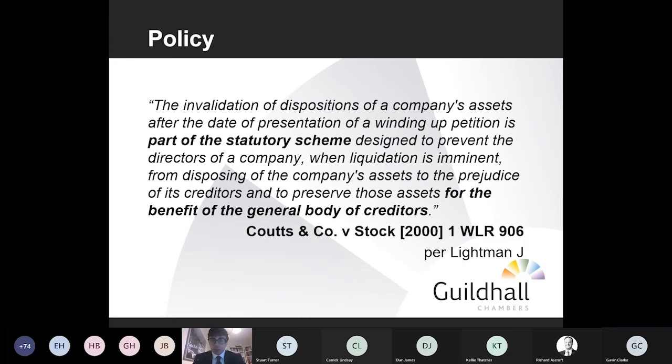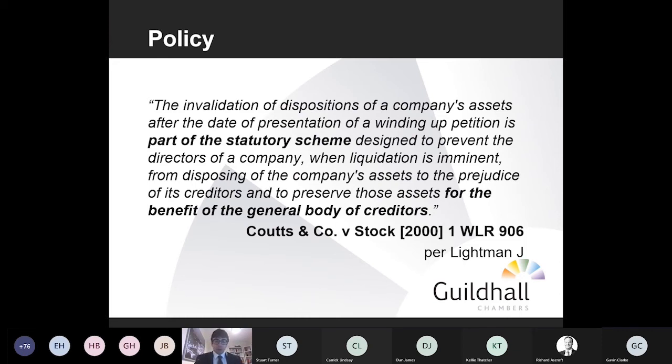And as you'll see from the slide, section 127 and the invalidation of dispositions of a company's assets was said by Mr. Justice Lightman in the case of Cooten's stock to be part of the statutory scheme designed to prevent the directors of a company, when liquidation is imminent, from disposing of the company's assets to the prejudice of its creditors, and to preserve those assets for the benefit of the general body of creditors.